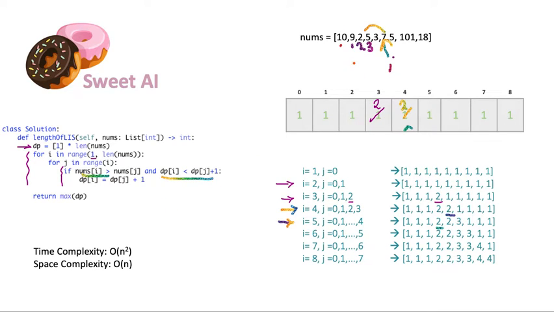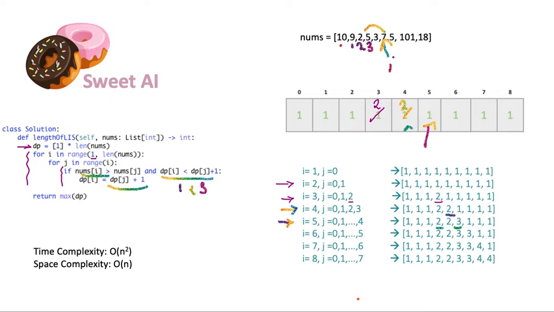The dp[i], which we have here at index 5, we have 1. If this is smaller than the dp[j], which we are at index 3, right here, 2 plus 1, which is going to be 3. So if 1 is smaller than 3, we are going to update this value to 3, as you see here. And this is how we do it.